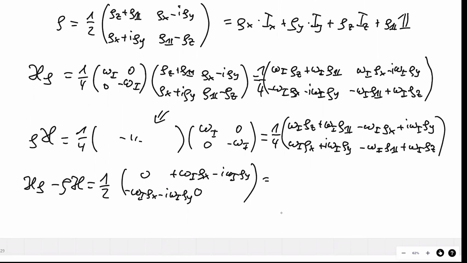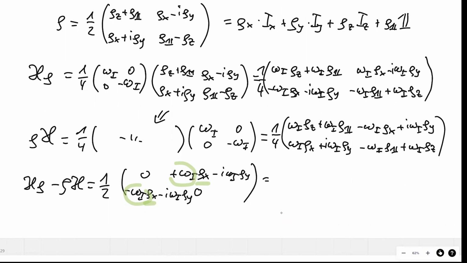So what we see now is that what is originally rho x has now the structure of having a positive component here and a negative component here, which means we can now build this up as Iy. So this is now something for the operator Iy because of the sign difference.